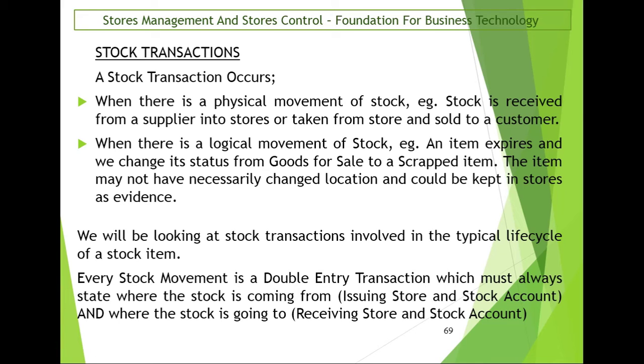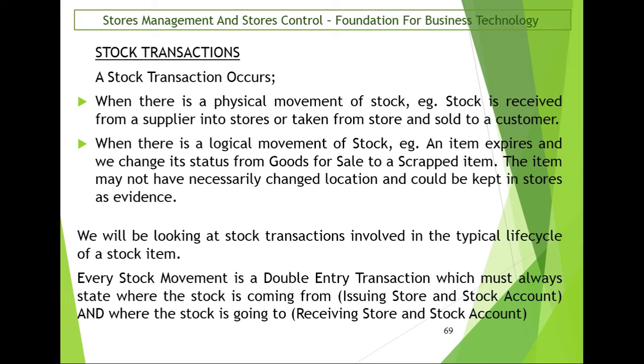So we are going to be looking at different stock transactions that are involved in a typical life cycle of a stock item. You need to understand that each and every stock movement is a double entry transaction. It means we must always specify where the stock is coming from and where the stock is going to.